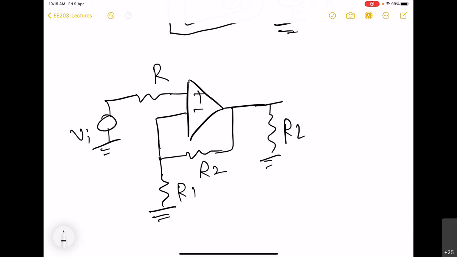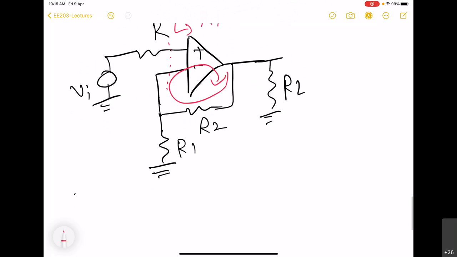Right, so here we see that there is a feedback loop, and the signal is traveling in this direction. So we have to break the loop. Typically we take the op-amp as ideal, but suppose for a moment we take a non-ideal op-amp, that means this op-amp has a finite input impedance Ri, and then we want to break the loop here.